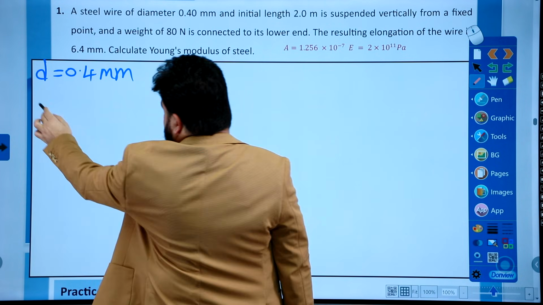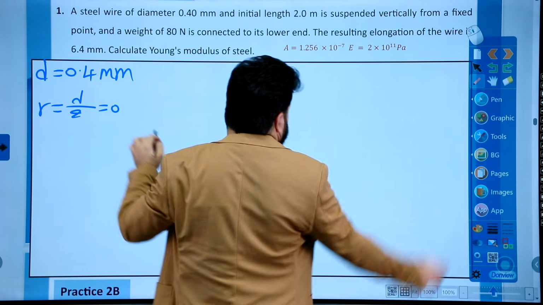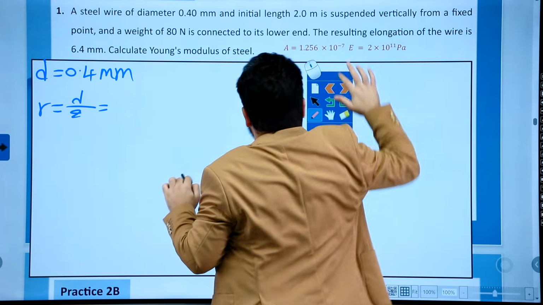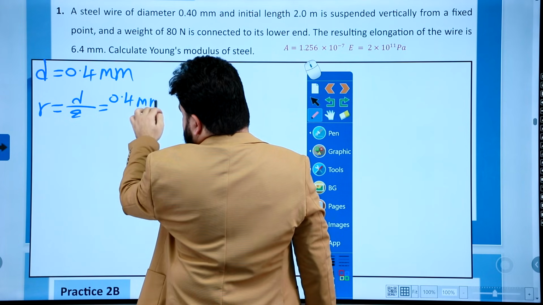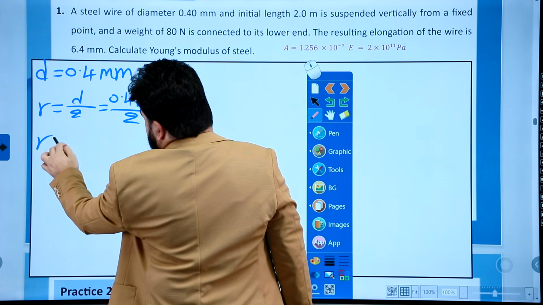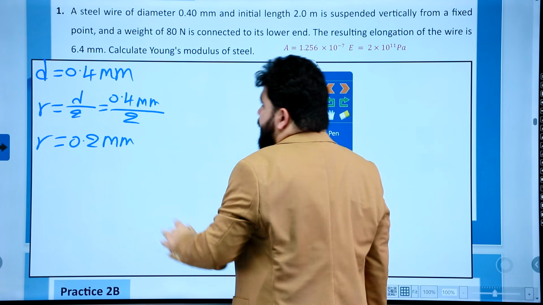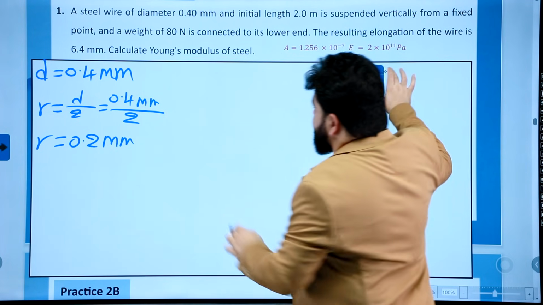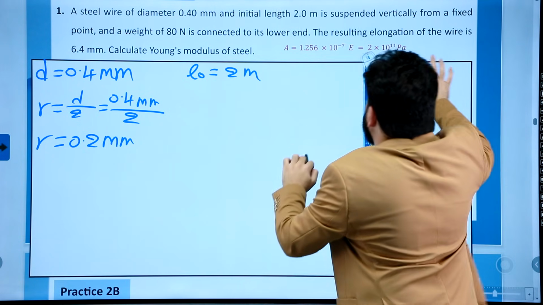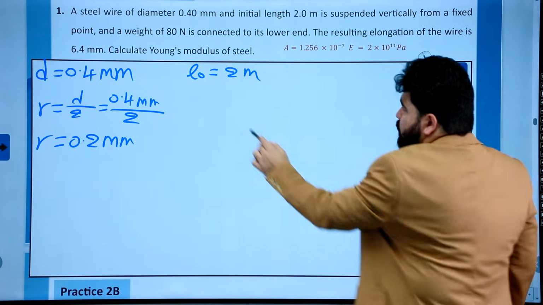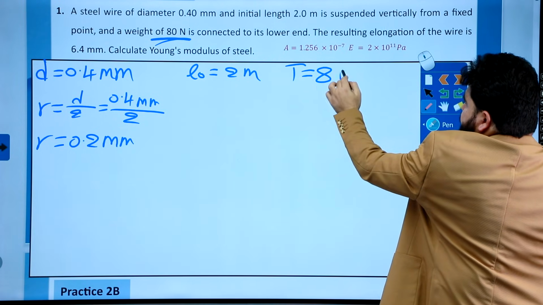Whenever you have diameter, divide by 2: 0.4 millimeter divided by 2, so radius is equal to 0.2 millimeter. Be careful. It has an initial length. Initial length is equal to 2 meters, and it's suspended vertically from a fixed position. It has 80 Newton, so tension is equal to 80 Newton.